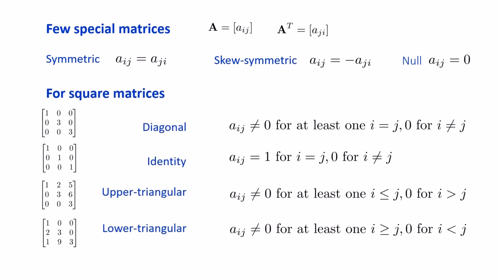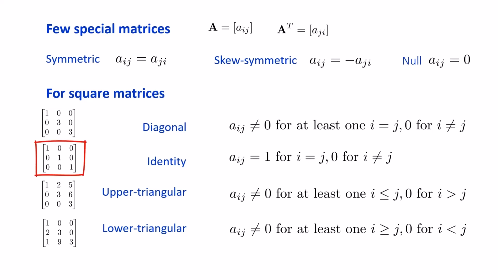In this course, we will mostly deal with square matrices, and we will see several interesting structures in the square matrices. First one is the diagonal matrix, where non-zero elements stay in the diagonal only.